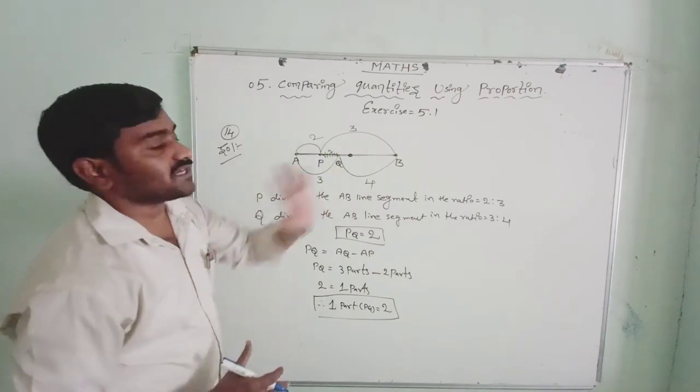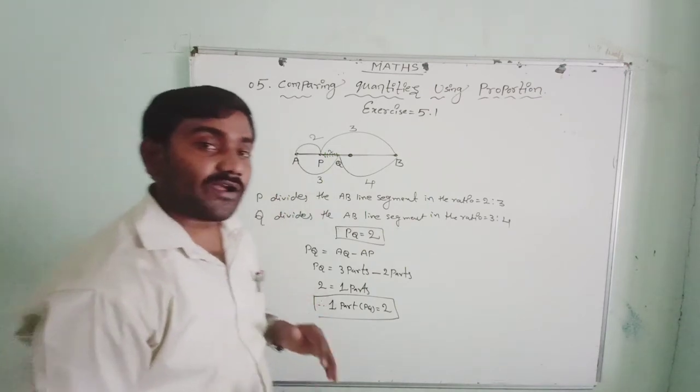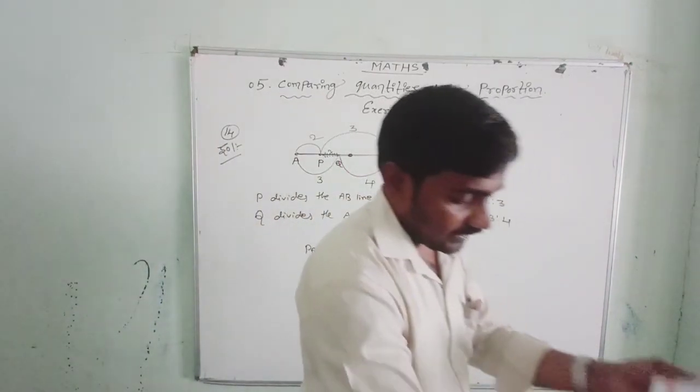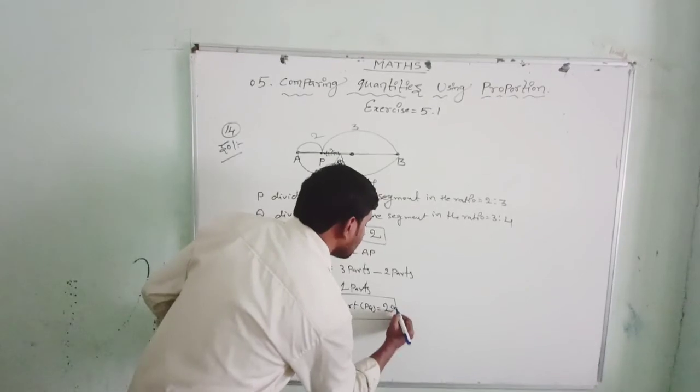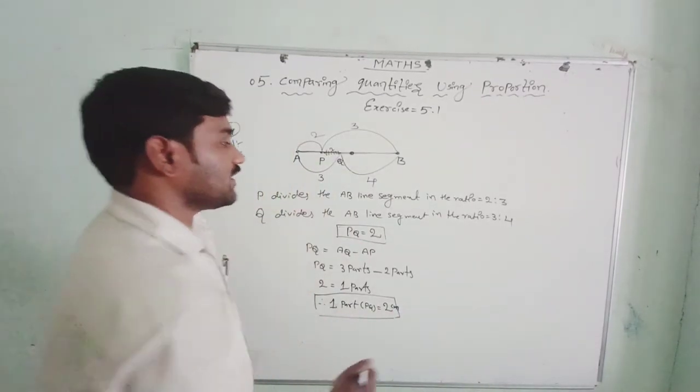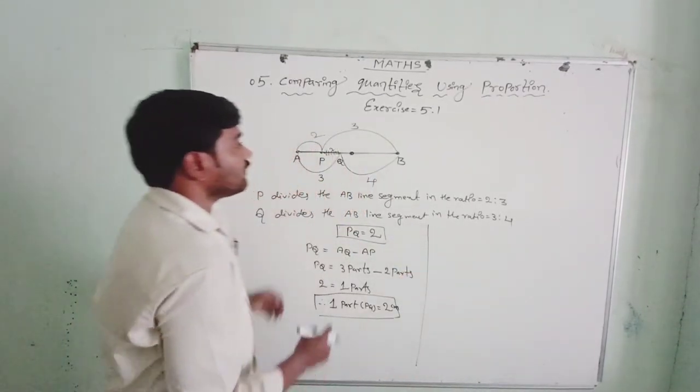Then how many parts are there? We have to find out how many parts there are like that. One part equal to 2 centimeters, we got here. Let us find out.